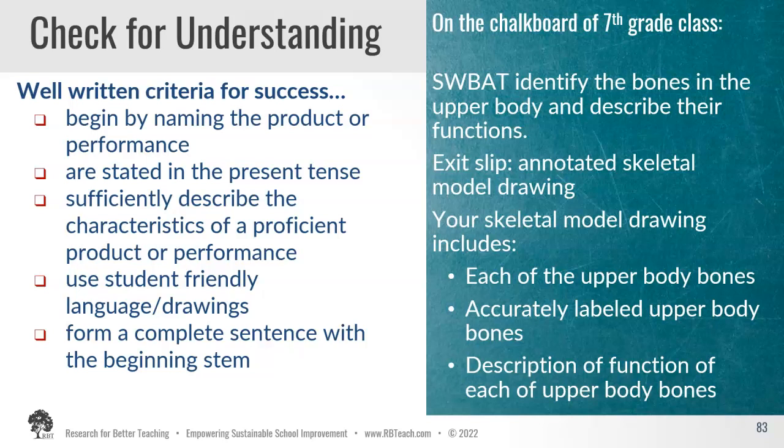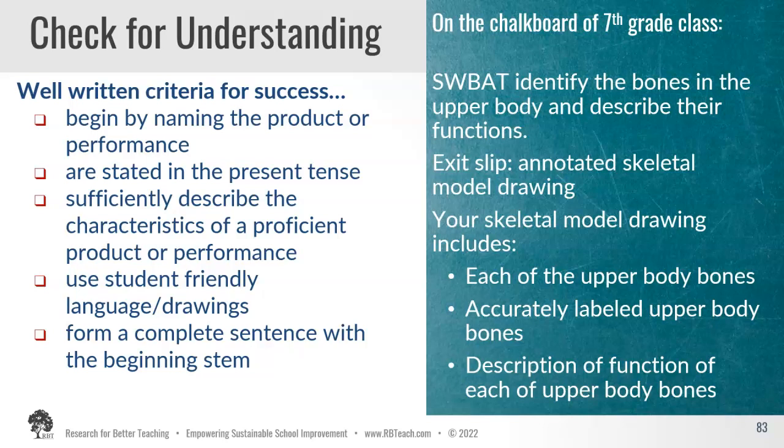Your skeletal model drawing includes each of the upper body bones, accurately labeled upper body bones, description of function of each of the upper body bones. So again, this one hits the criteria that are listed there on the left, but the thing is, it says it's an exit slip, and a criteria for success should really be happening within the context of a lesson so that the teacher can get the feedback and adjust instruction if needed.